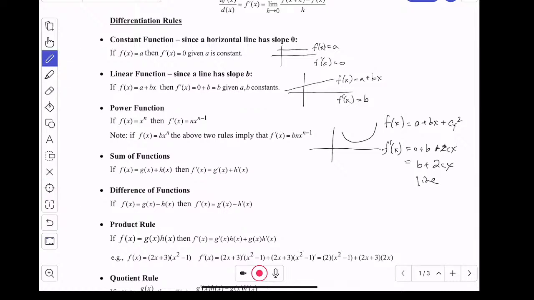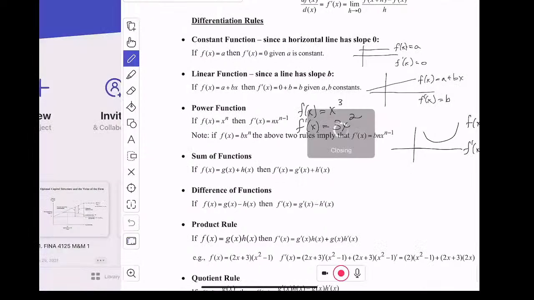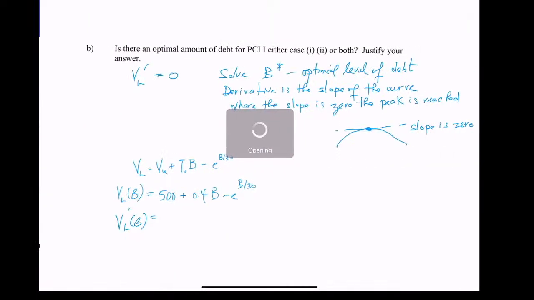So if I give another example, if f(x) is equal to x to the power 3, then the derivative is, the 3 comes down and the power is reduced by 1. Alright, so that's all I'm going to say about that. That's just to remind you how to do this.